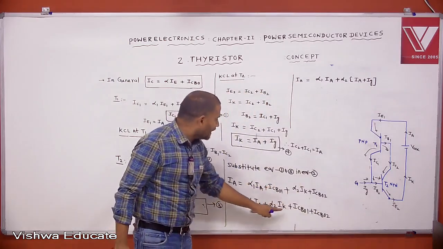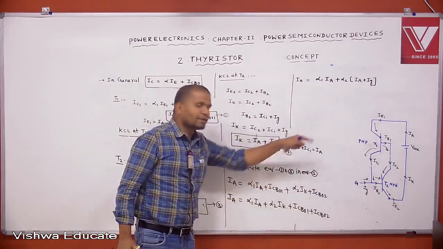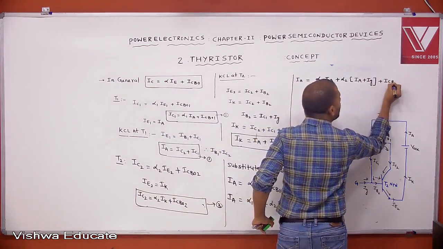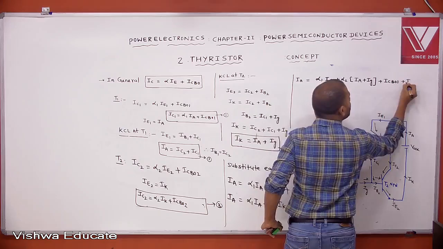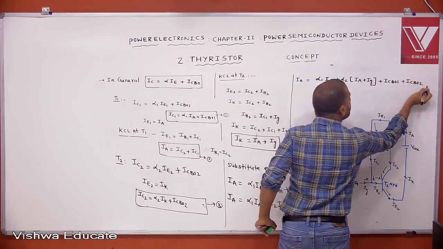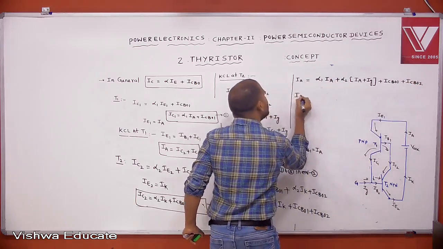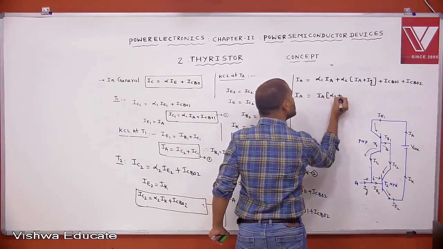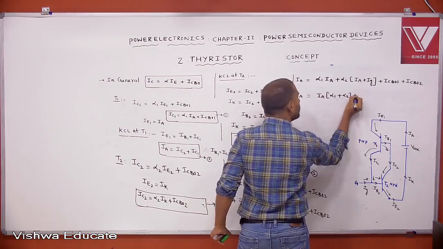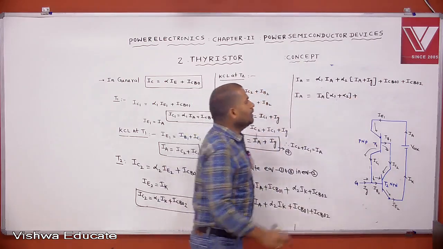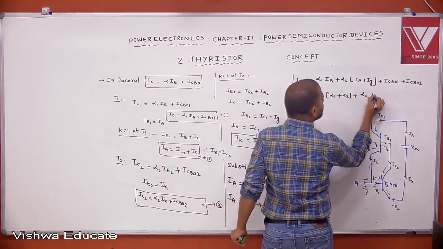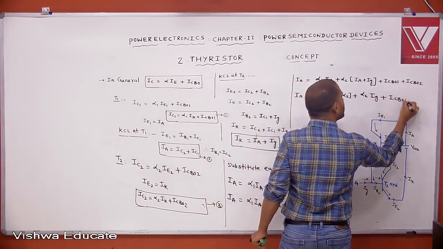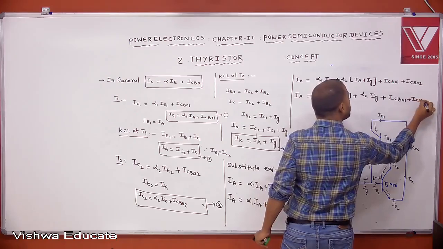This IK I take as IA plus IG and substitute, plus ICB01 plus ICB02.